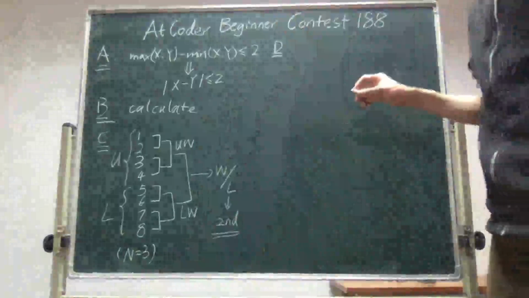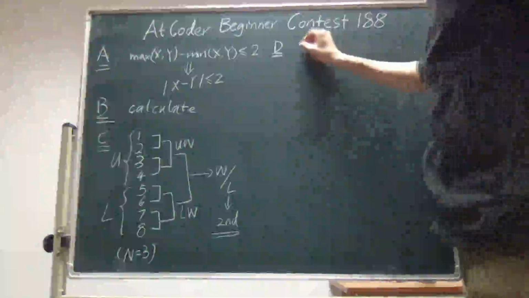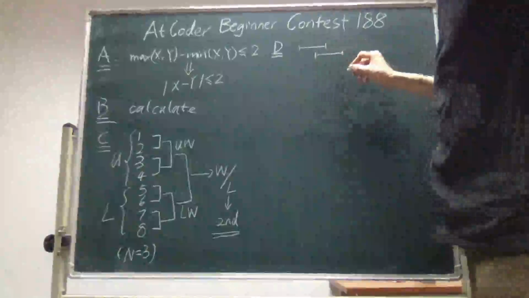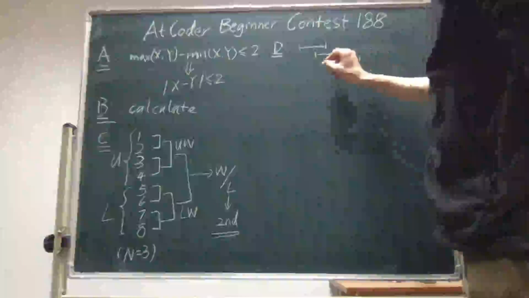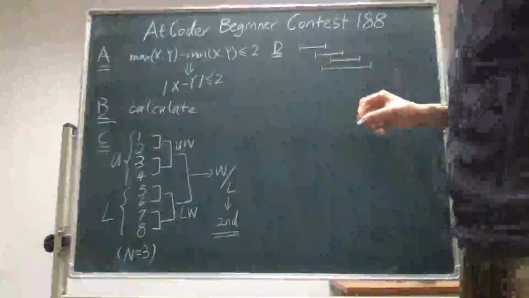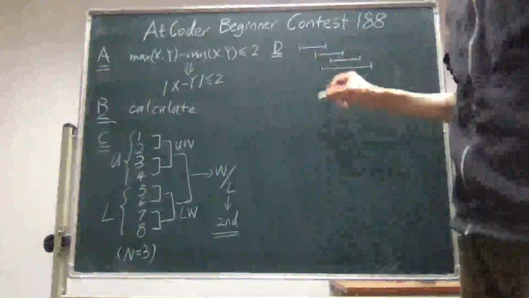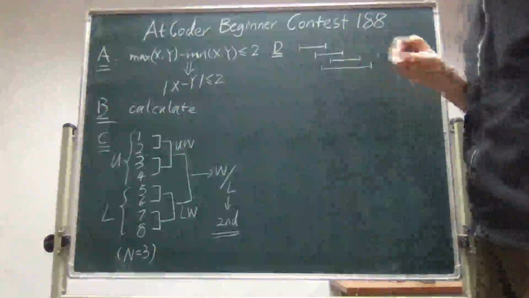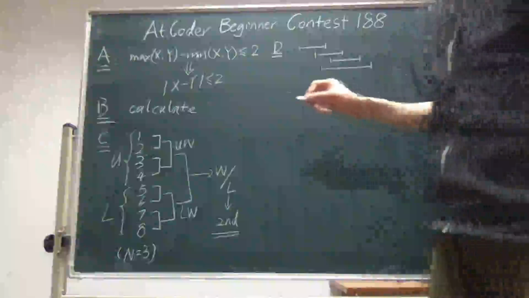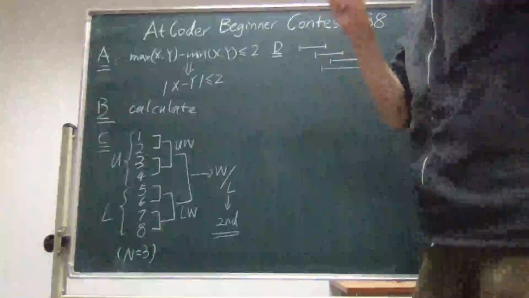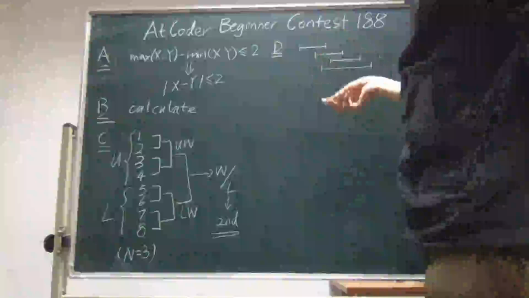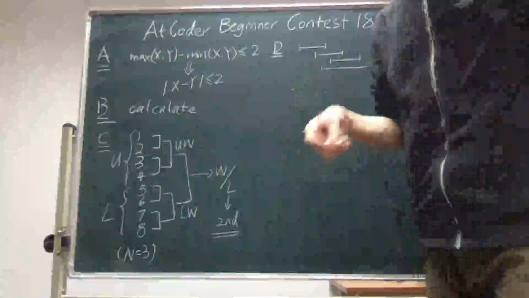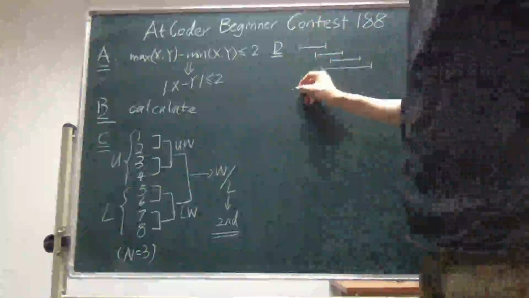So in this problem, each service is a segment, and the services can have overlaps, for example, here and here. We can first consider each day and find how many services we will use on this day.